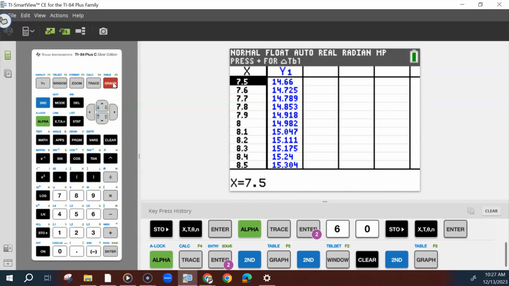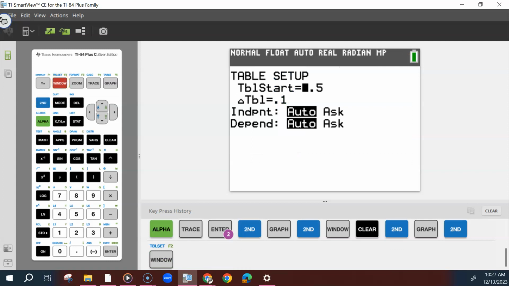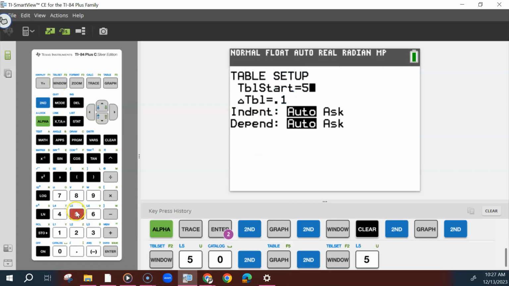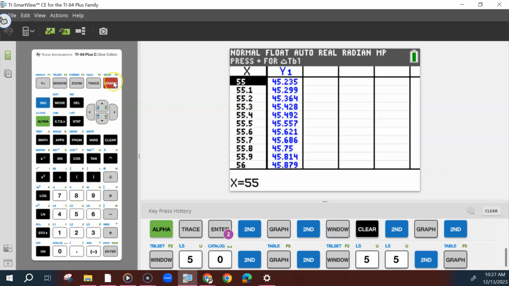Let's say I was just guessing and I said 50. So now I'm in the 40s. I can either keep scrolling or guess a little bit higher. Let's say 55 just because.